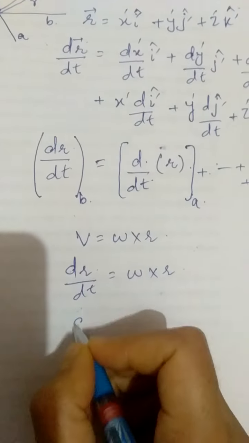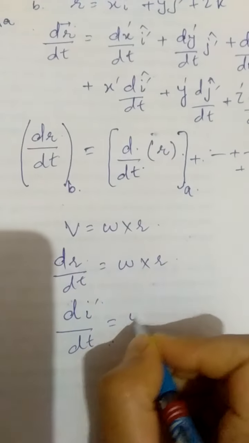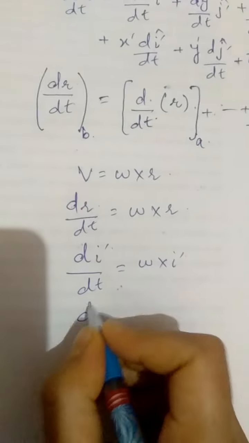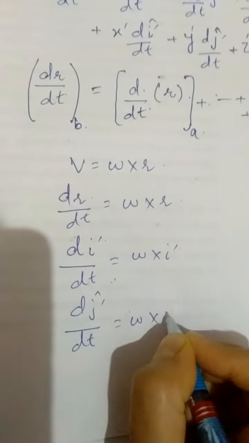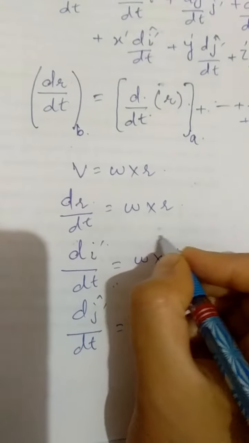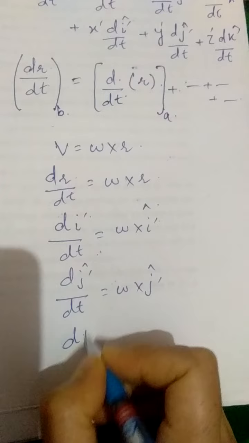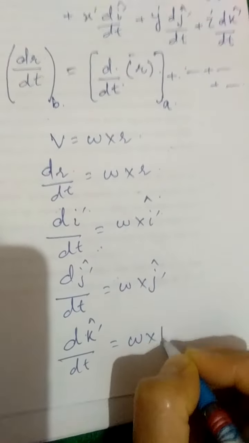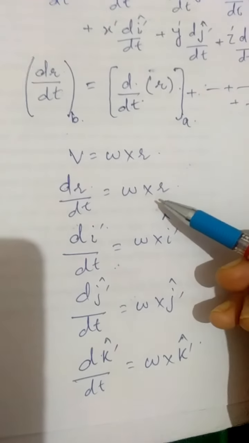So can I write in analogy with the same that di' by dt is omega cross i', right? So dj' by dt is equal to omega cross j', right? And dk' by dt is equal to omega cross k' cap. So this is in analogy with this expression.